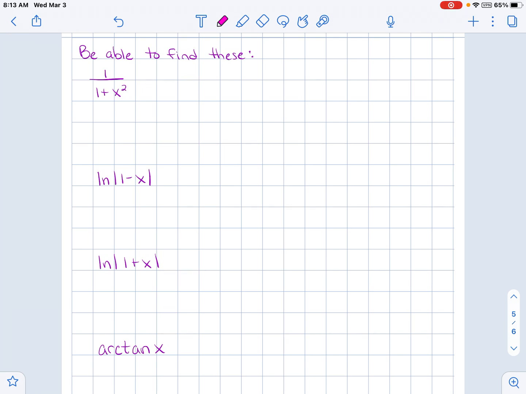Okay, so this first one looks to me like a geometric series. So I'm going to rewrite this as 1 over 1 minus negative x squared. So what that tells me is that the first term in this geometric series is 1, and the ratio is negative x squared.